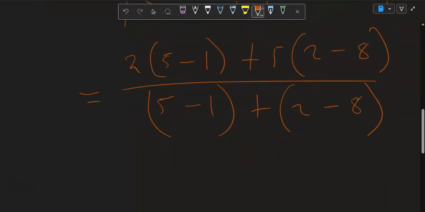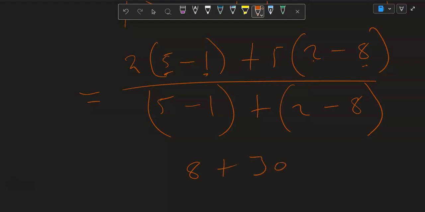So we have inputted the values. Then we multiply. 5 minus 1 is 4. 4 times 2 is 8. So we have 8 there. 2 minus 8 is negative 6, but we ignore the negative, so it is 6. This is just the same as 8 minus 2, which will give us 6. 6 times 5, that is 30.